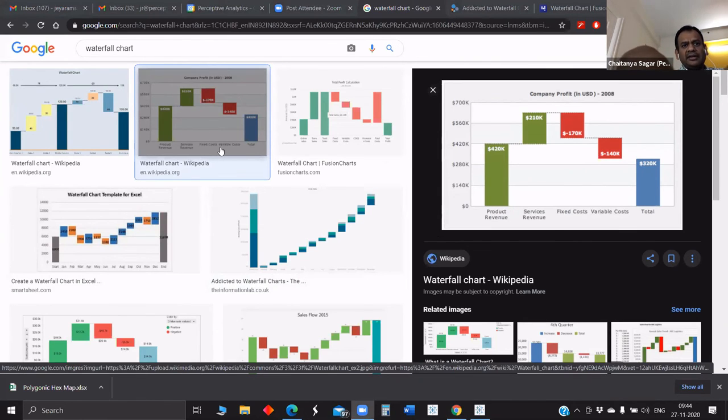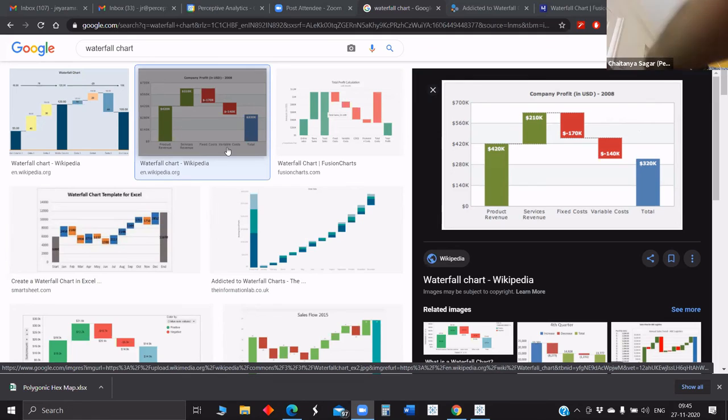But that is revenue. The next one is a cost, so it begins where the previous ended, but it goes down. And the next one is also negative, so it starts where the previous one left off, and goes down further from that.